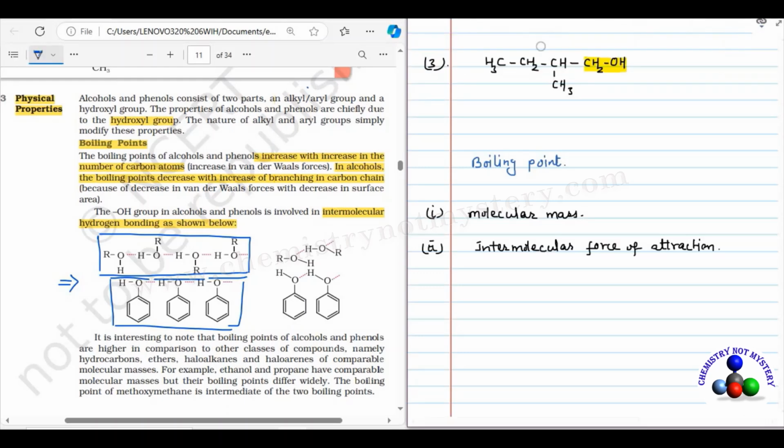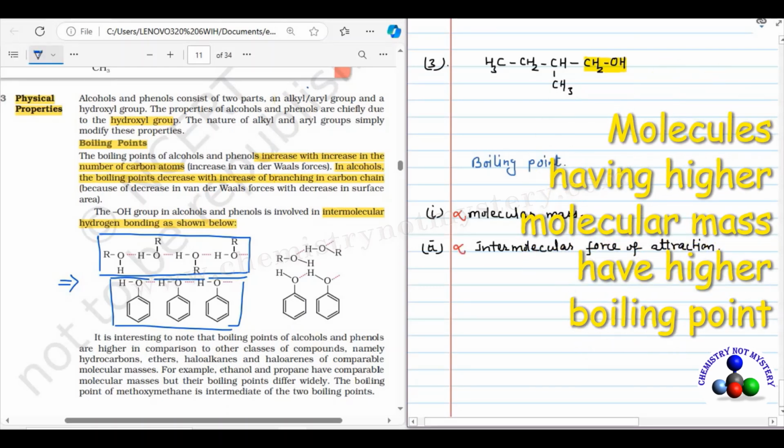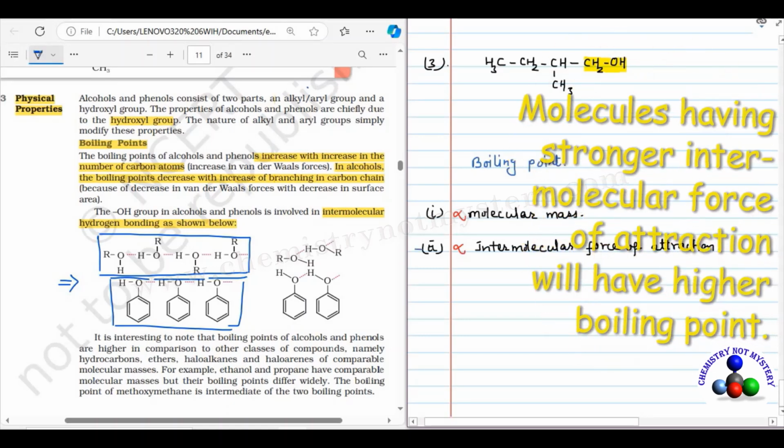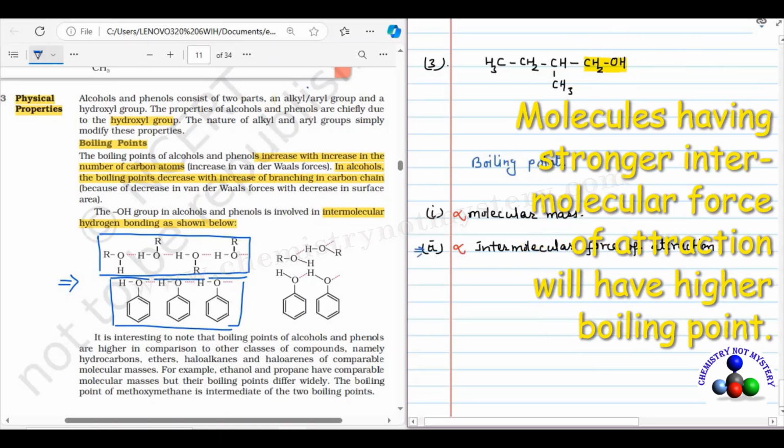So boiling point is directly proportional to the molecular mass, and it is also directly proportional to the intermolecular force of attraction. That means heavy molecules have higher boiling points, or the molecules which have higher molecular mass will have high boiling point.